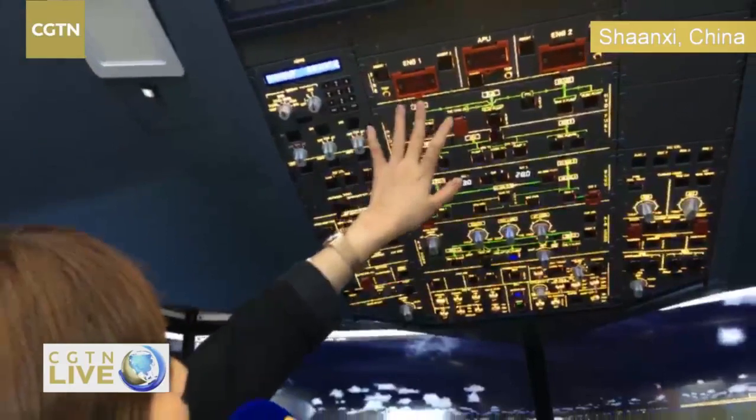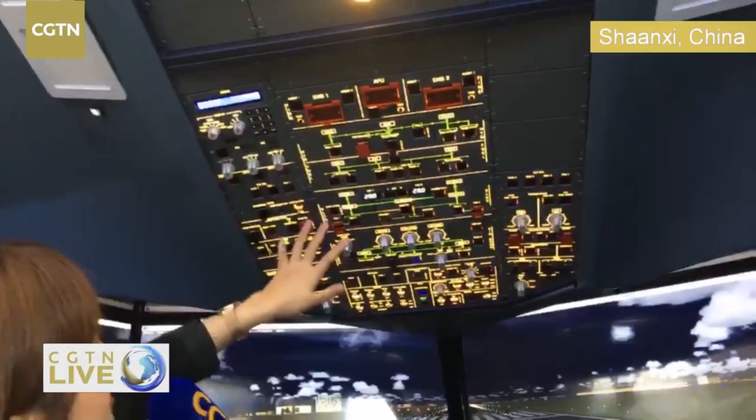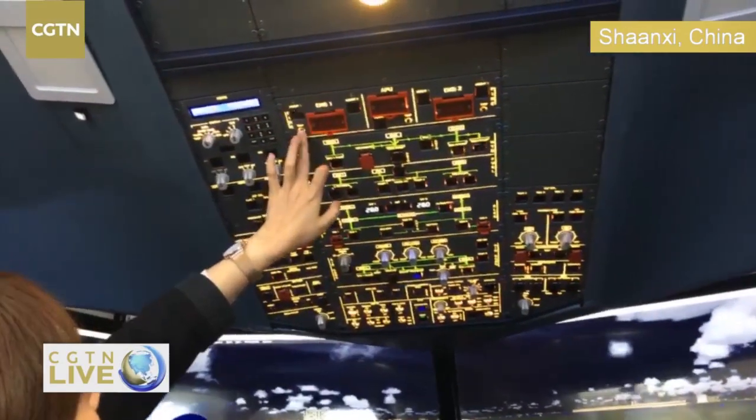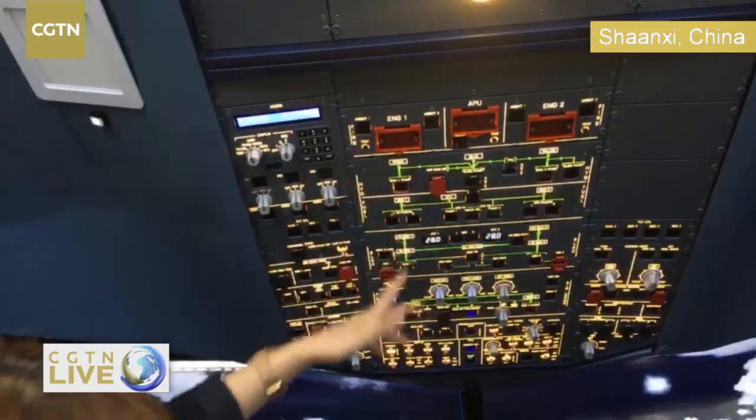This is for some emergency situations, like a fire situation, or these lights. If you press it, it can tell you that there is a situation to alarm the pilot.